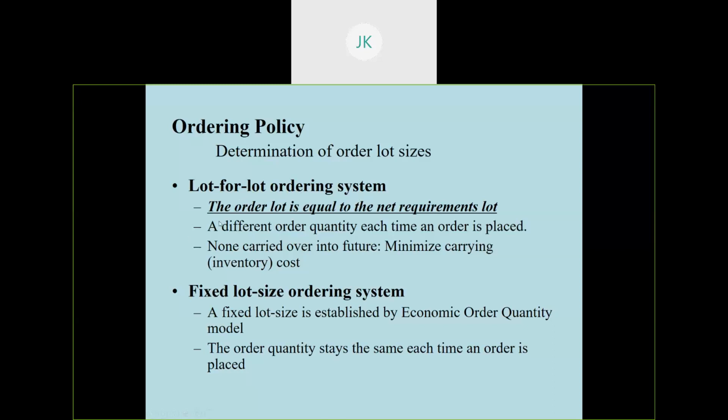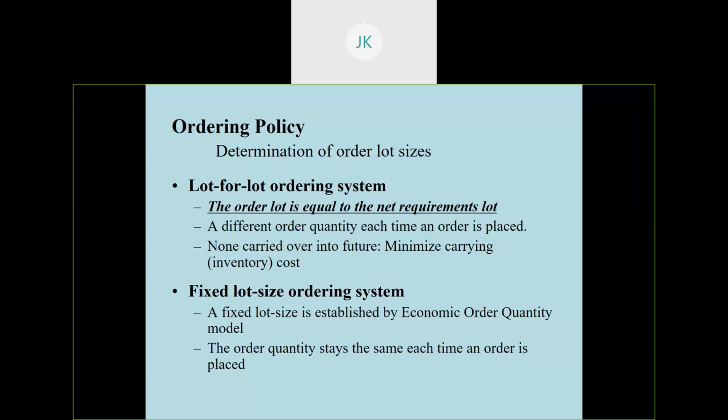The order lot is equal to the net requirement lot. For example, if we need 1,000 parts and the inventory level is 500, then we need only 500. 1,000 minus 500, that 500 order size is the net requirement.